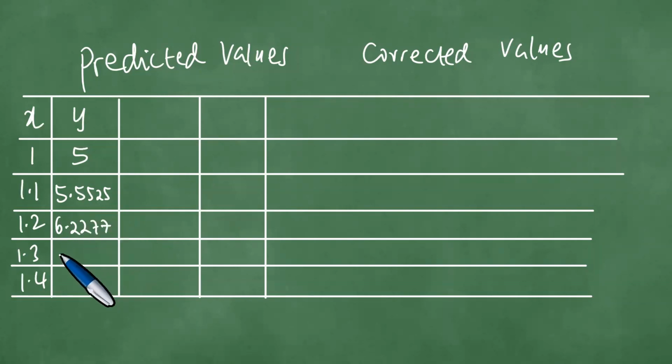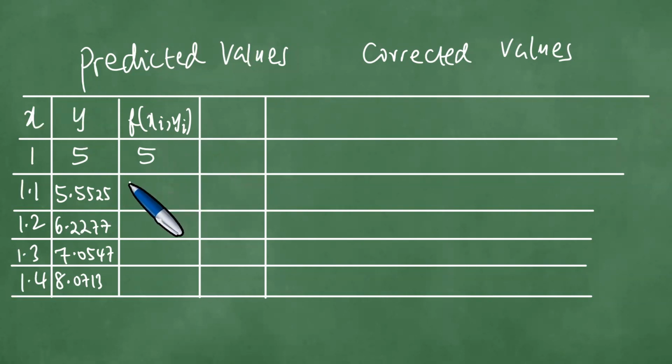All these were obtained before, but I've noted them down. So you have 7.054, then 7, then 8.0713.